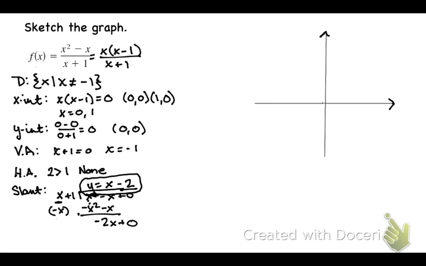Okay, so x-intercept at 0, 0, and at 1, 0.